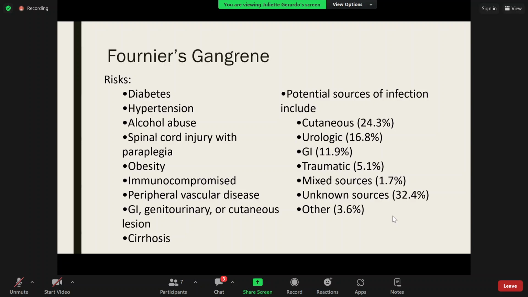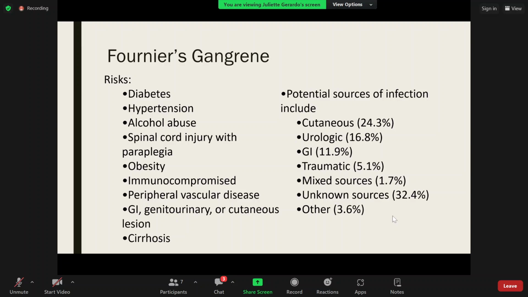Another thing to think about, especially in the population here, is how often people use motorbikes, and then small traumas or tearing with saddle injuries. Even if it's not large trauma, if there's small breakdown in the skin in the GU region, and then it's very warm here, can cause potential for developing Fournier's.